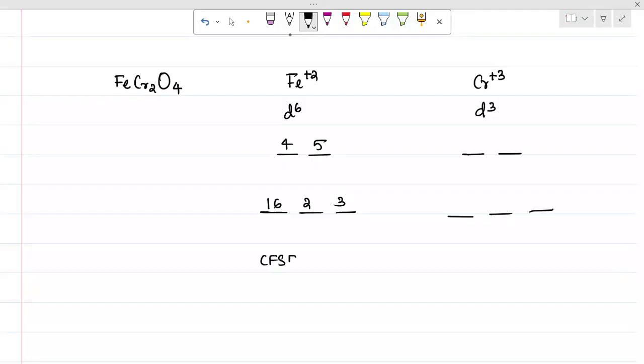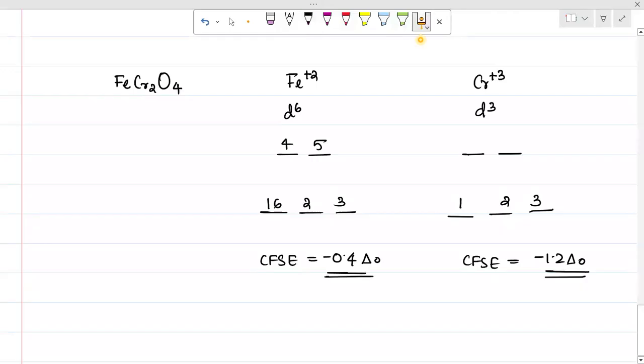Your CFSE value after calculation will be minus 0.4 delta O. Right. Over here it is 1, 2, 3, and the CFSE value is going to be minus 1.2 delta O. See, here it is stabilized by only 0.4 units.